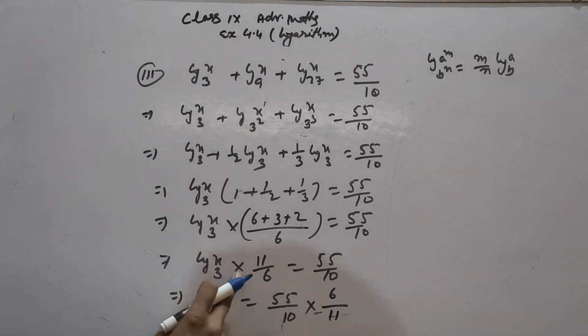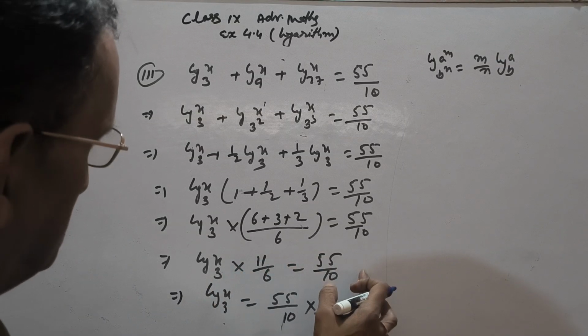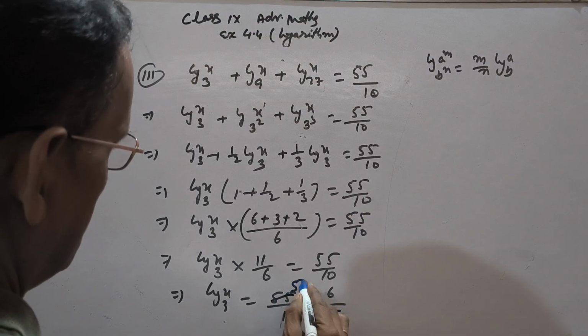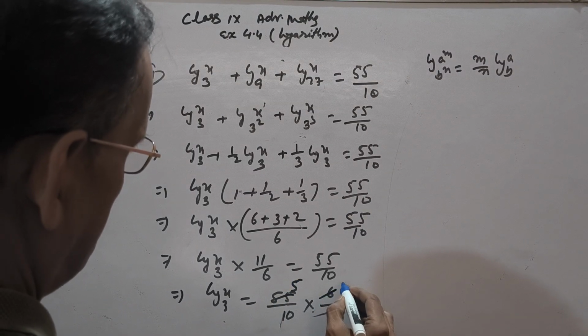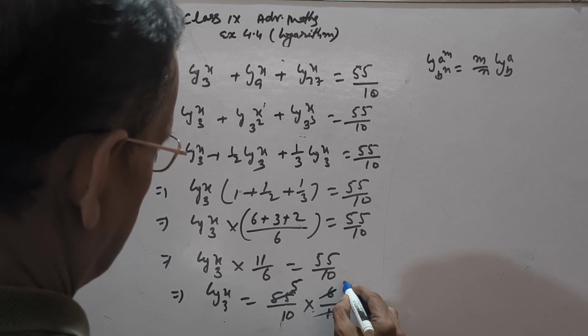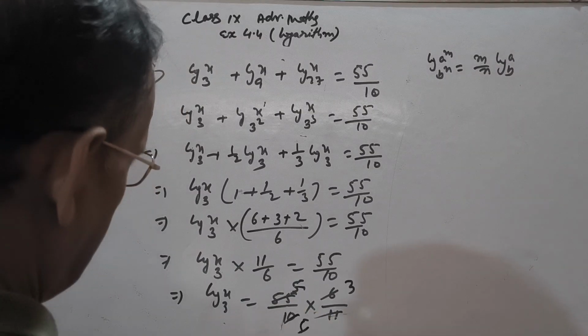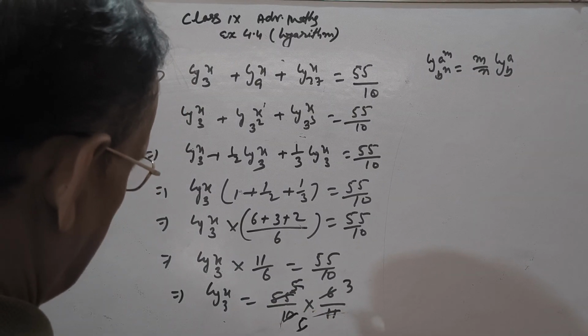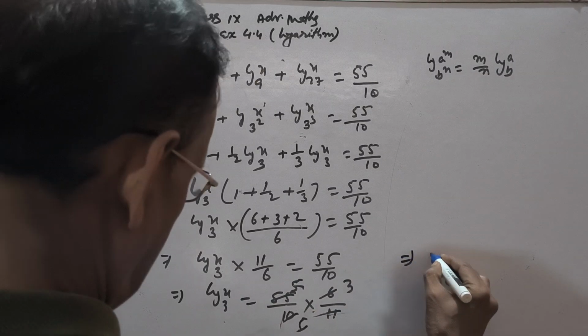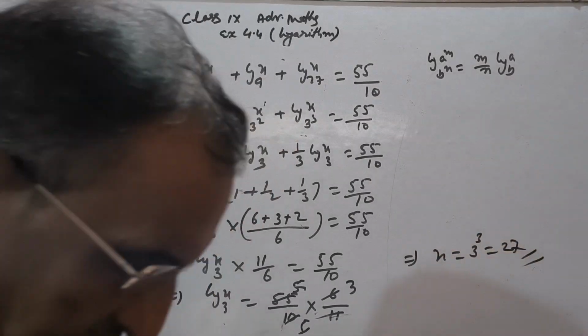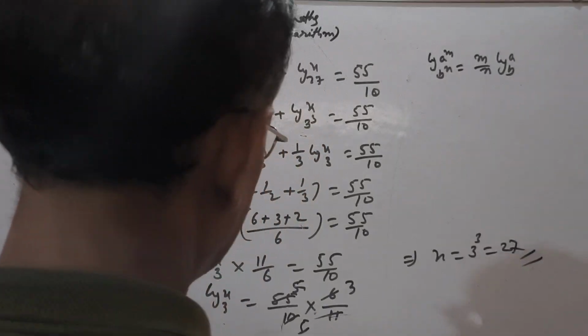Then convert: multiply will become divide and multiply. 11, 5, then 3, and 2, 3, 2, 5, 5, 5 cancel. So I am getting log x to the base 3 equal to 3. Then what is x equal to? 3 cubed will be 27. Okay, understood?